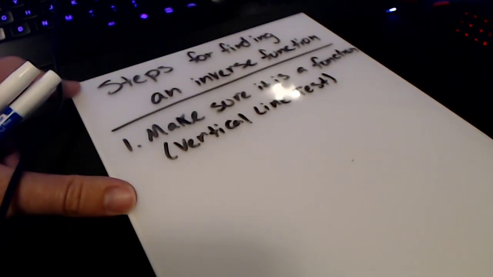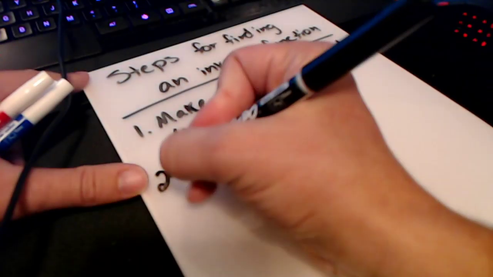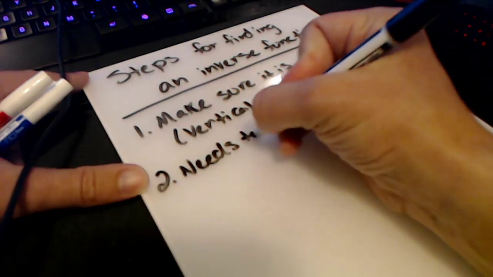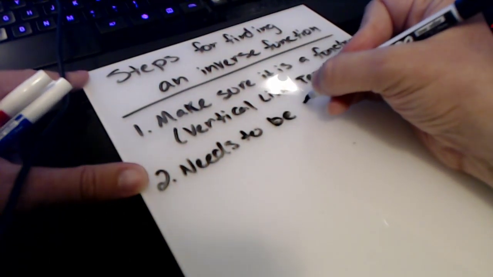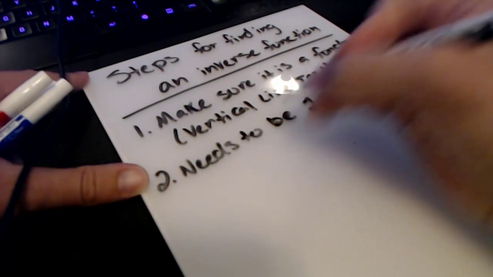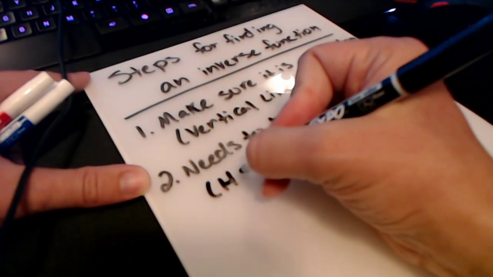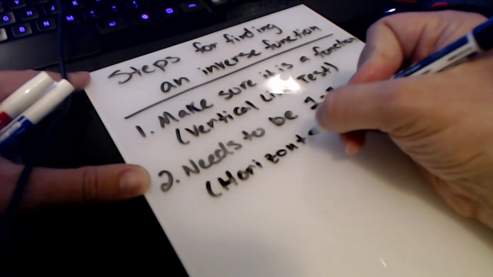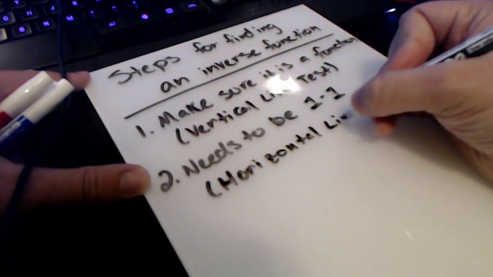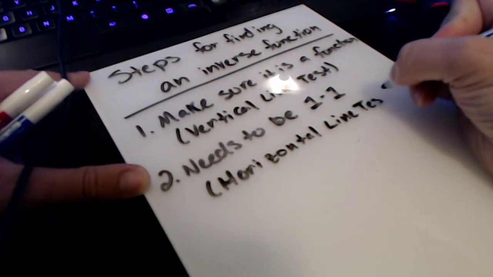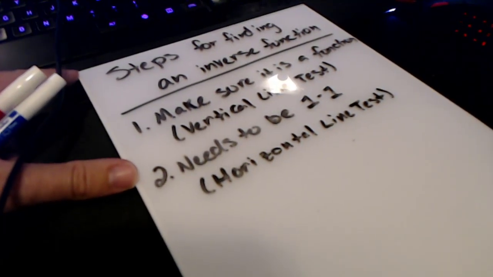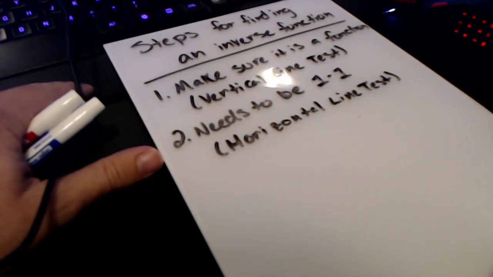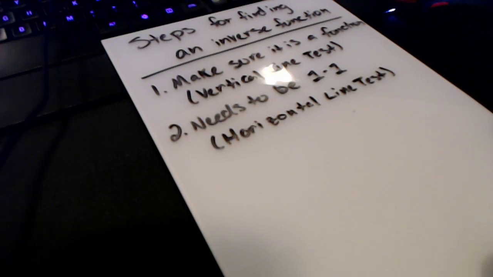And then after that, we go to step 2, and it needs to be 1-to-1. And what this means is horizontal line test. So just basically the opposite of vertical. It's a perpendicular line to that. And then we get to start with the actual mathematical steps.